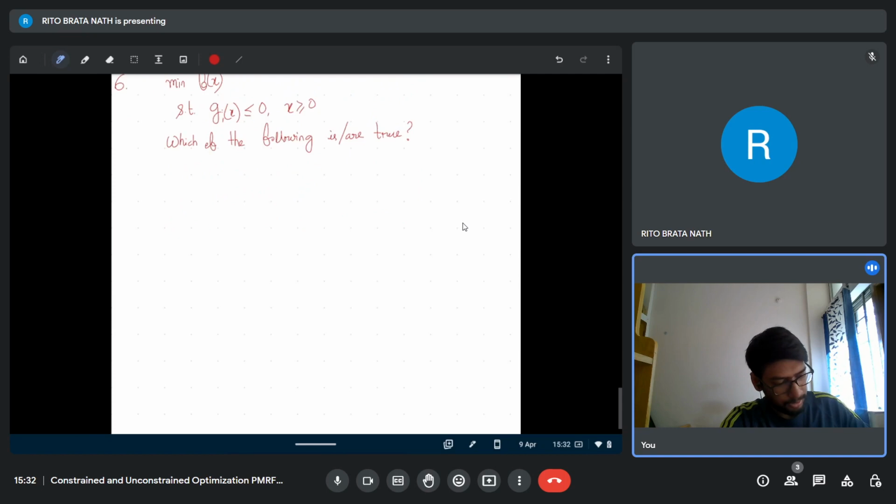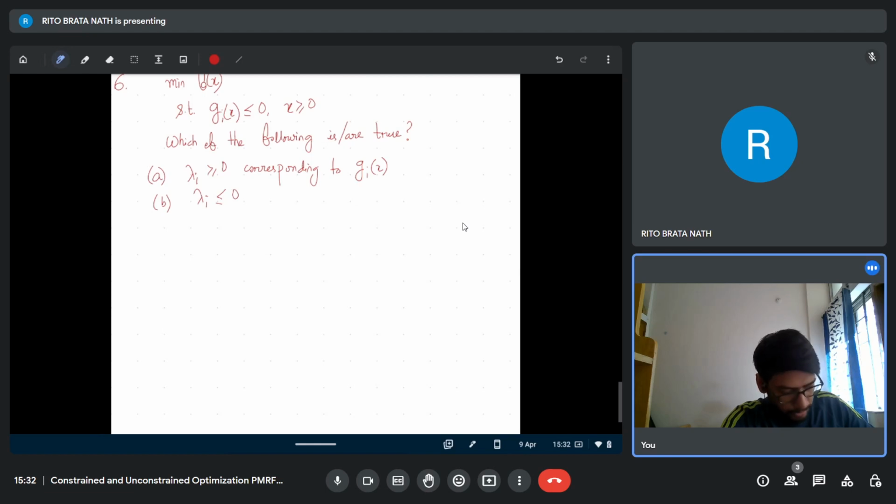Okay, so in this case, the options are: option A is lambda_i greater than or equal to 0, corresponding to g_i, so that's your dual variable that you can also think of.